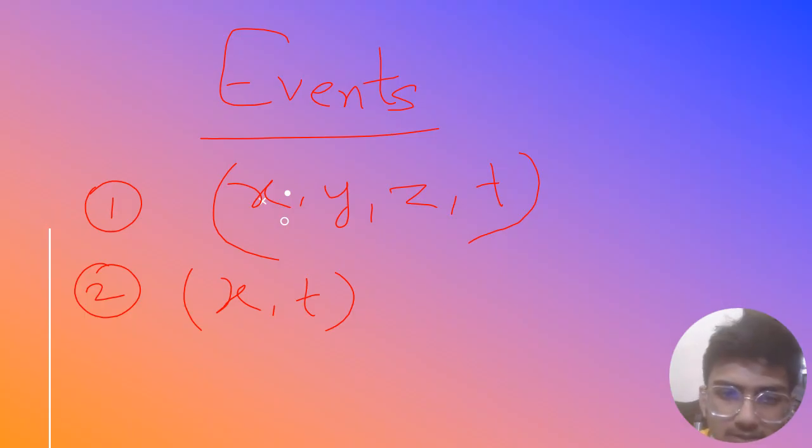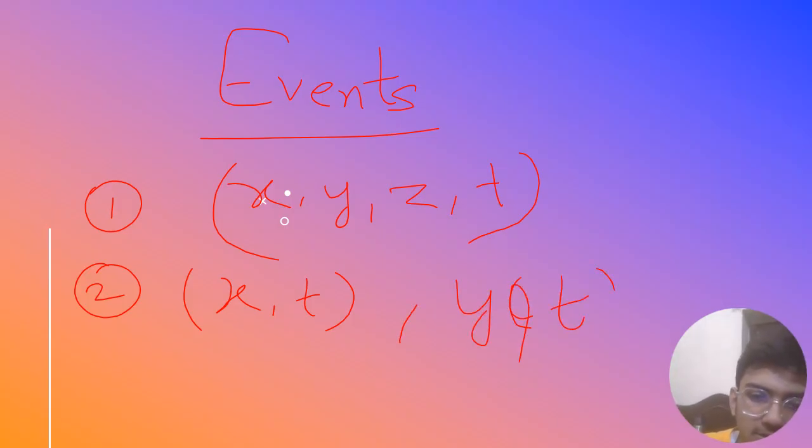An event is generally defined as: you may take one of the coordinates x, y, z and just apply a time coordinate with it, because the time coordinate is very important in defining an event. You can write it as y comma t, or you can write it as z comma t.